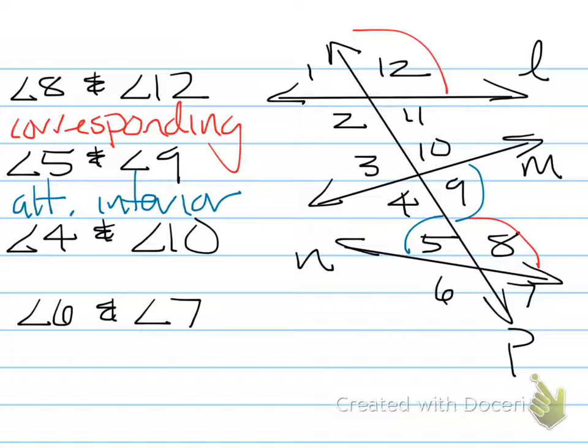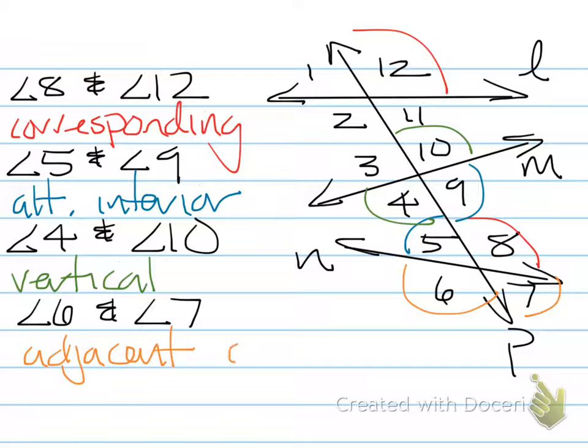Angle 4 and 10, those are the two opposite angles or non-adjacent angles that are formed by intersecting lines, so they are vertical angles. And then angles 6 and 7, they are adjacent angles whose non-common side forms a straight line. So they are adjacent, and since their non-common side forms a straight line, they're also a linear pair.